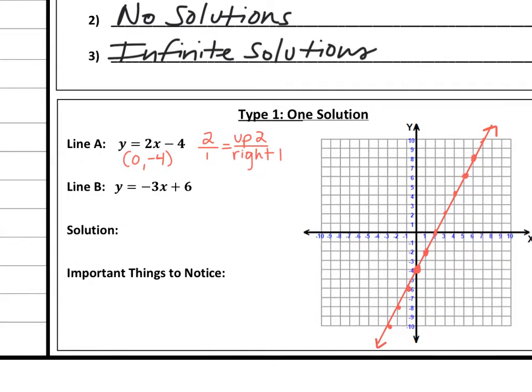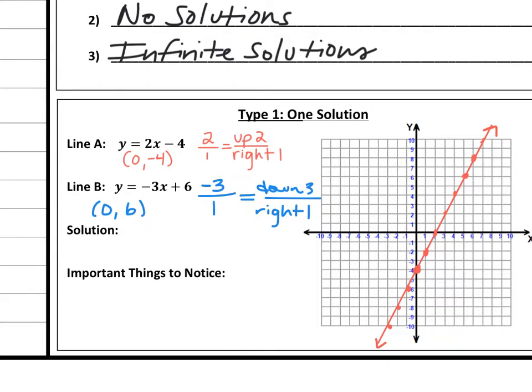The next one is y equals negative 3x plus 6. My slope is negative 3. Make it a fraction. Put it over 1. Brandy, is that going to go up or down? Down 3. And slope always skis to the right. And our y-intercept, the number by itself, is 6, so that's my y-intercept. So I graph the point 0, 6.